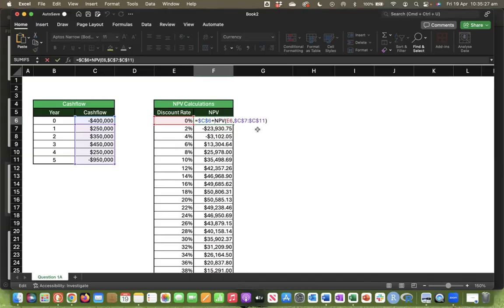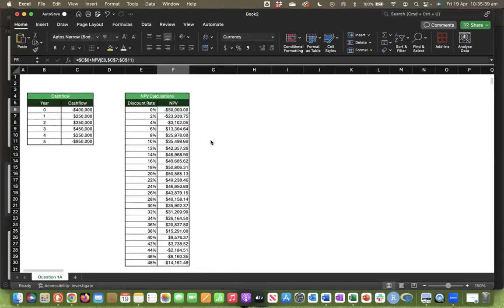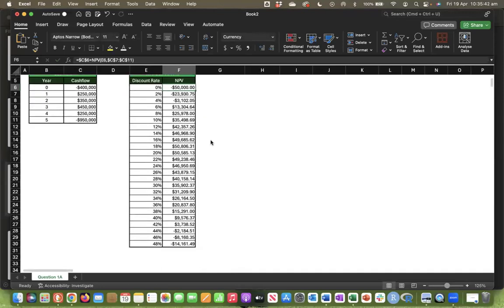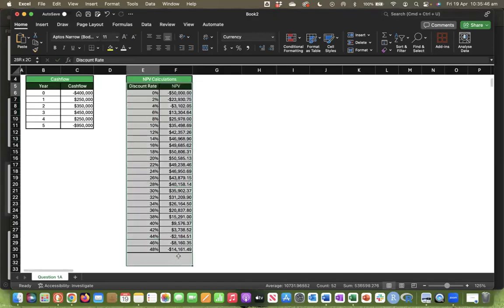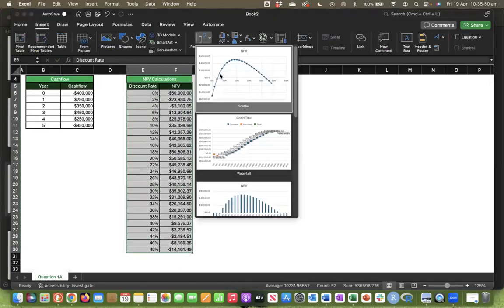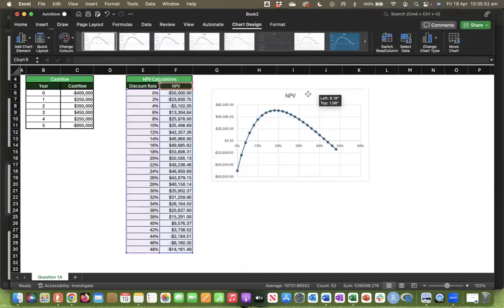And then from year 1 to 5, the cash flows there in purple, we're discounting them back to year 0 using our discount rate of 0% there in red. And so I've done that for all discount rates from 0% to 48%. And from that, we can go about producing an NPV profile.